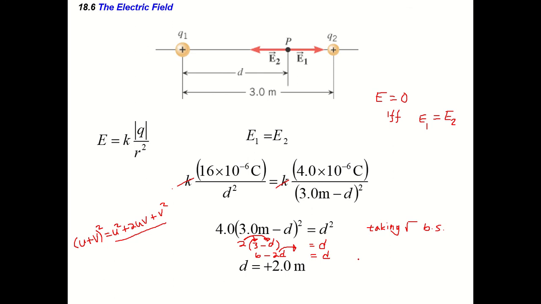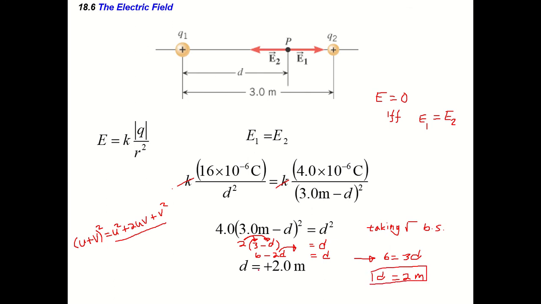So this becomes 6 equal to, when you transpose 2d, this is negative 2d, so it becomes positive 2d, right? So positive 2d plus d is 3d. Okay, so 3d. Divide both sides by 3. So that's why you have d is equal to 2. Don't forget to write the unit. Okay, so d is 2 meters.